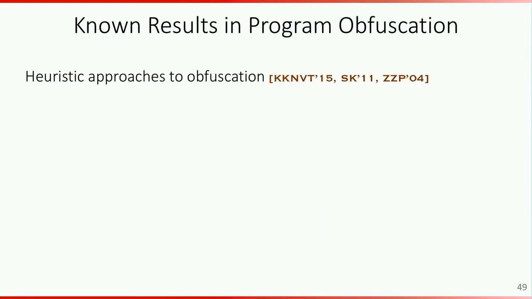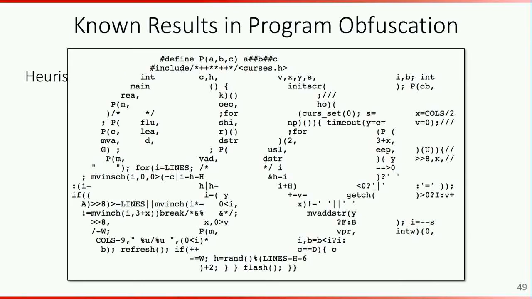It turns out the problem of achieving obfuscation is relatively old, and there have been a lot of approaches to do this. There have been heuristic approaches to obfuscation. For example, this is one example, and I have a question for you. What does this program do? Or for that matter, what does this program look like? Any guesses?